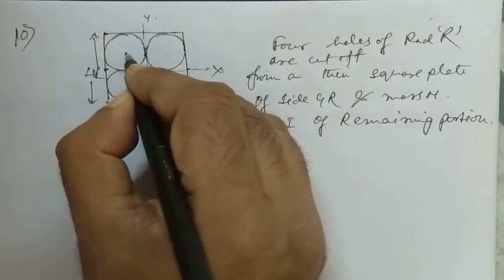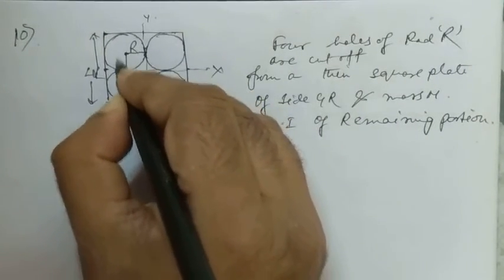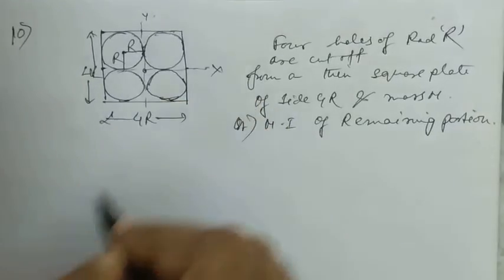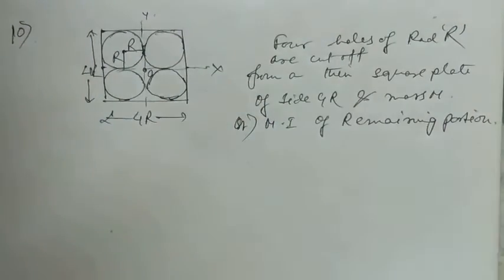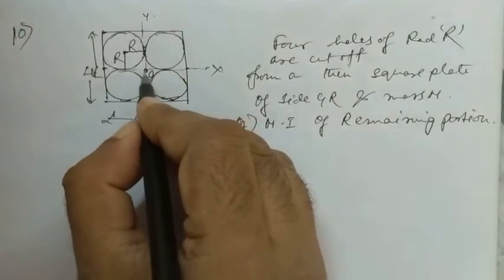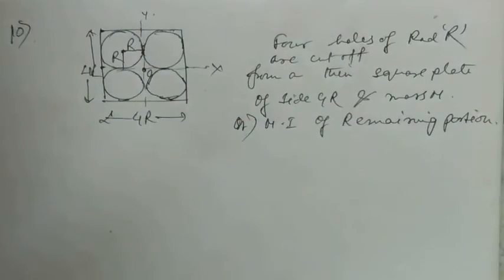Each disc has a radius of r. This is the center of the disc, and the axis is the z-axis.